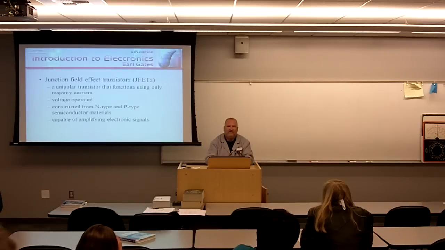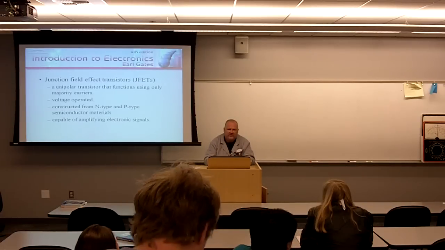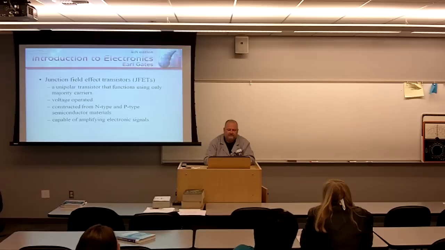So junction field effect transistors, JFETs, is a unipolar. Let me say that again real slow. Unipolar, meaning it has only one junction. A unipolar transistor that functions using only majority carriers.